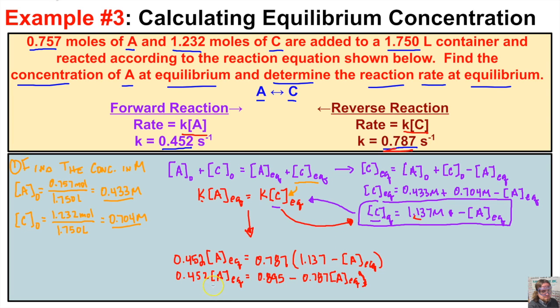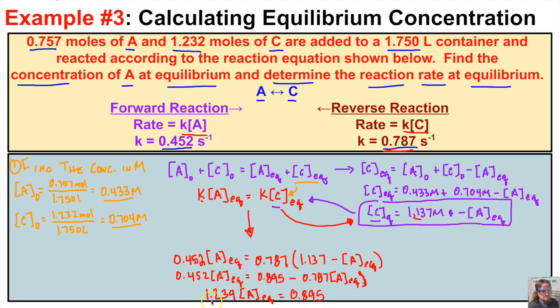And so we can now start to combine like terms. If we add 0.787 to this side, 0.787 minus 0.787 is going to equal 0. And if we add 0.787 times the concentration of A at equilibrium over here, we're going to end up with 1.239 times the concentration of A at equilibrium equaling 0.895. So how do we isolate the concentration of A at equilibrium?